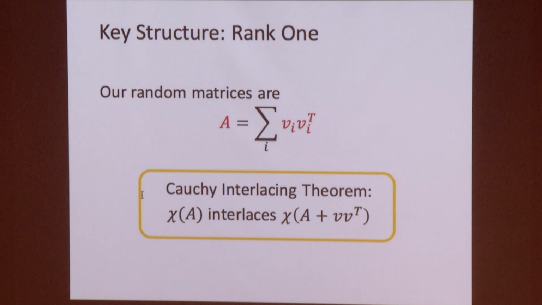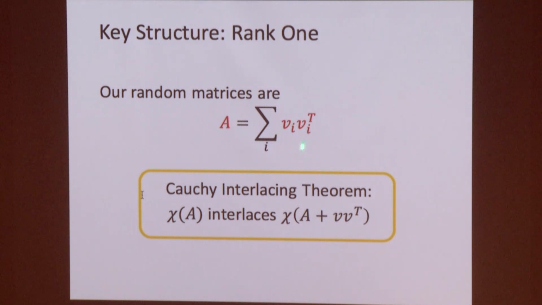Well, what it has to do is that our random matrices have a special structure, right? So our random matrices are sums of independent rank 1 random matrices. And what does this have to do with interlacing? Well, there's this Cauchy interlacing theorem, which is if you take a symmetric matrix and you add a rank 1 matrix to it, then the eigenvalues of the old matrix interlace the eigenvalues of the new matrix.